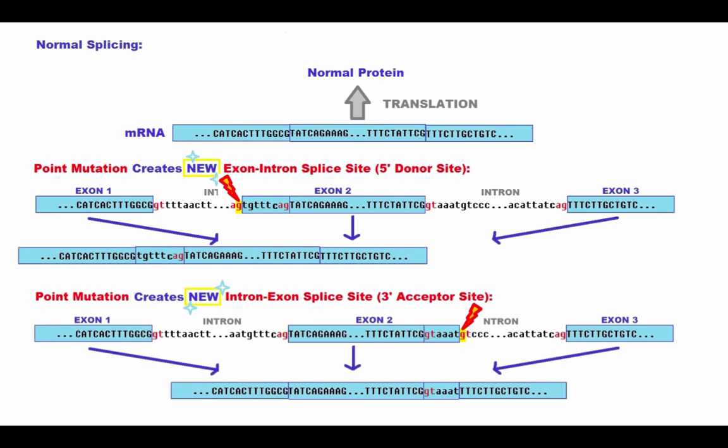And then here, when we create a new exon intron splice site, or 5' donor site, we can see now that we get a little bit of the extended exon number 2 mRNA transcript, but at the same time, the old splice sites are still there, so we end up getting a little bit of the normal mRNA transcript that we see up at the top there, which will result in a normal protein.